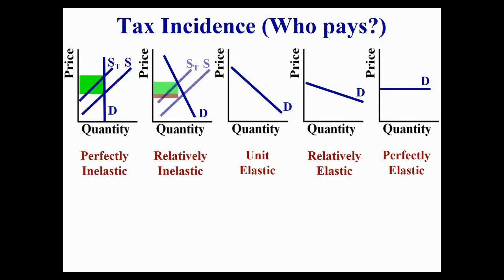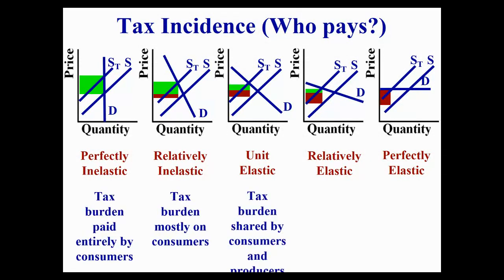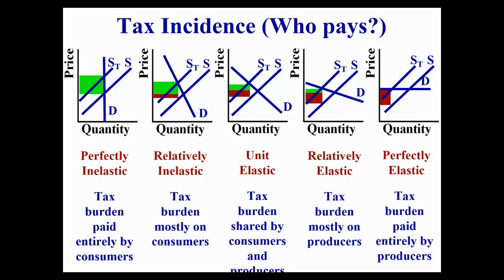So once again, depending upon the elasticity of the curves, we can see who is paying or burdening the majority of the taxes. So if the demand curve is perfectly inelastic, the burden is all on the consumer.